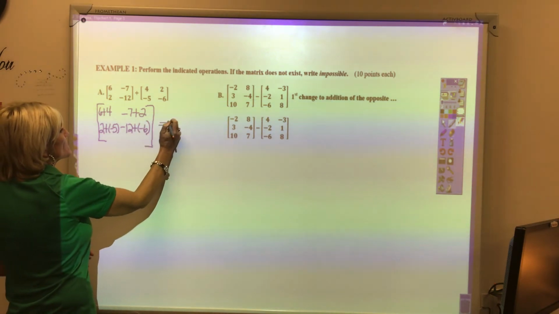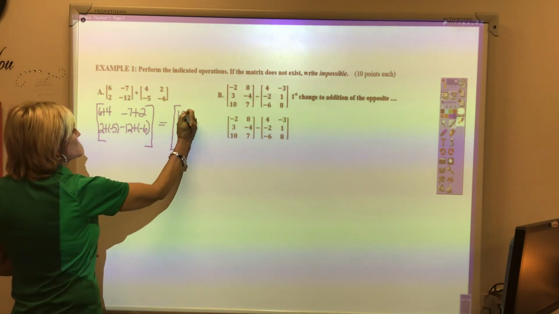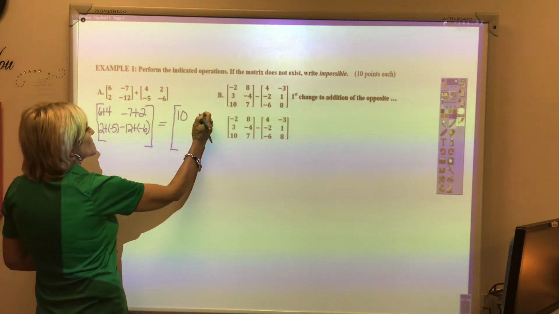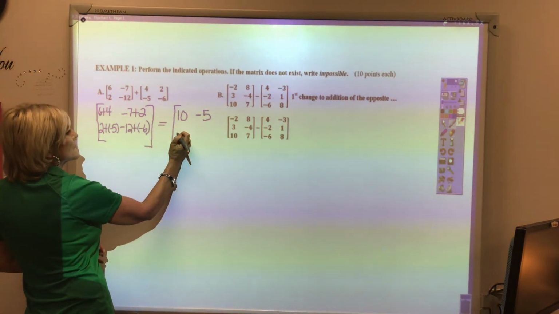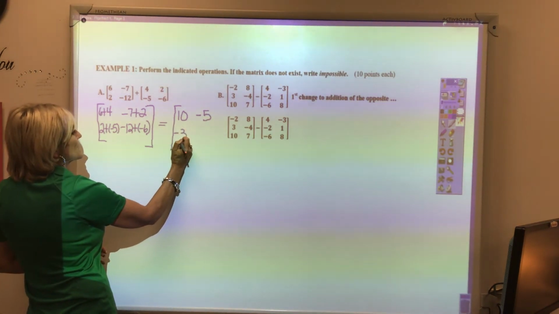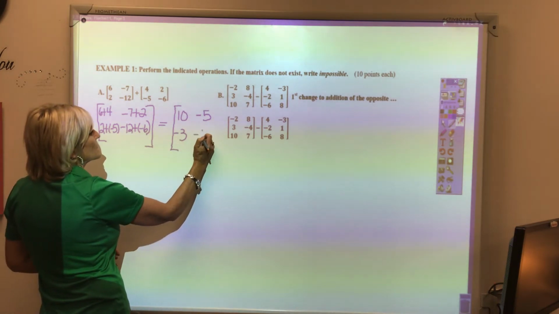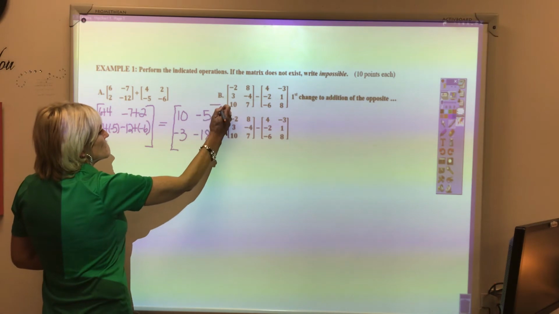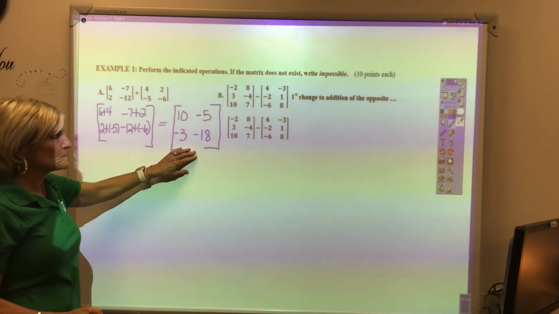Then I'm just going to simplify. So 6 plus 4 would be 10, negative 7 plus 2 would be negative 5, 2 plus negative 5 is negative 3, and negative 12 plus negative 6 is negative 18. There's the sum of the two matrices.